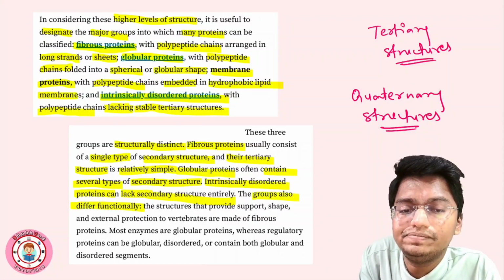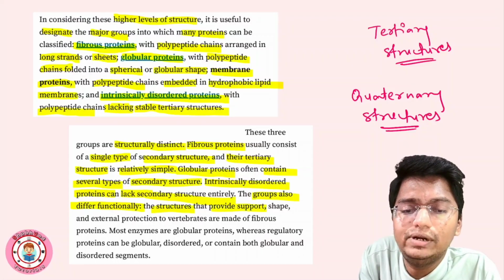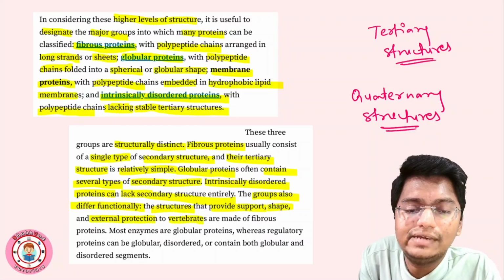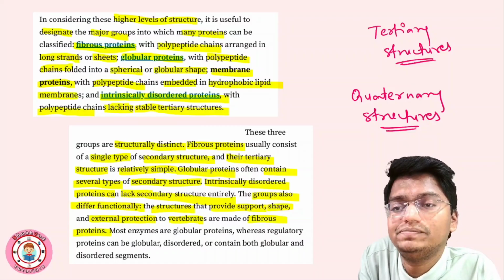The groups also differ functionally. The structures that provide support, shape and external protection to vertebrates are made up of fibrous protein. External protection means hair, support means bone, collagen and so on, that is fibrous protein.